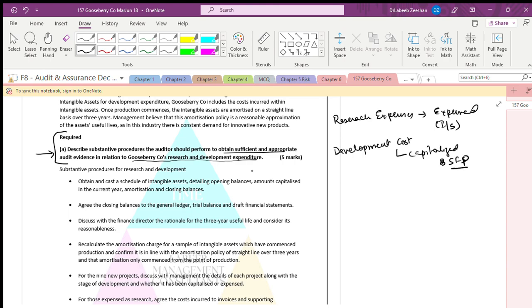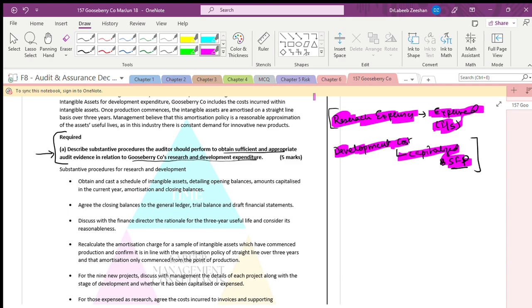This is the basic understanding. The moment I use purple color, it means we have to be very close and very specific on that. Fine. Now this is the point to understand. Now what is a substantive procedure?